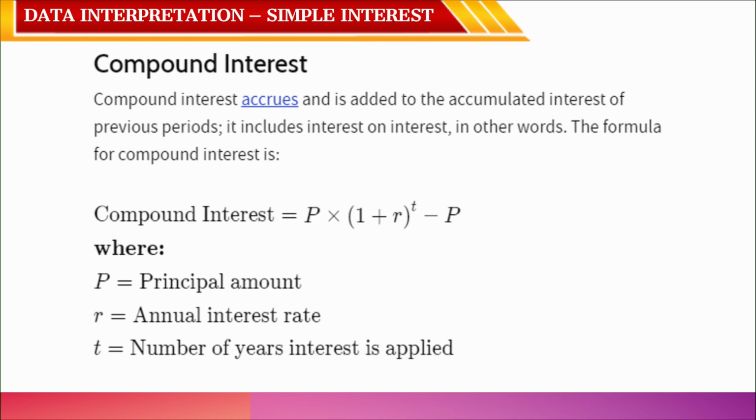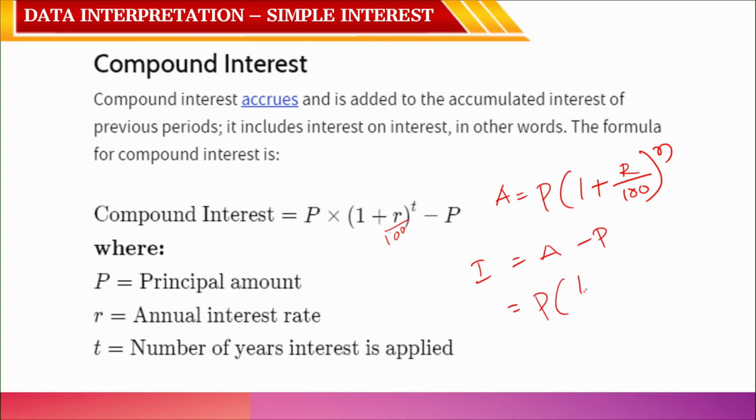In other words, the formula for compound interest is P into (1 plus R by 100) whole power T minus P. So, generally we will say A is equal to P into (1 plus R by 100) whole power N. This is the total sum. I is equal to A minus P, that is the reason the formula is written as P of (1 plus R by 100) whole power N minus P.